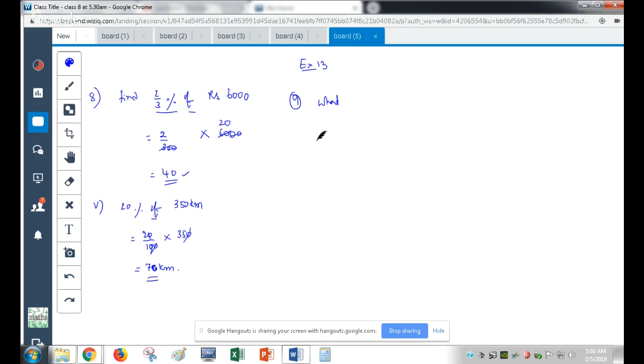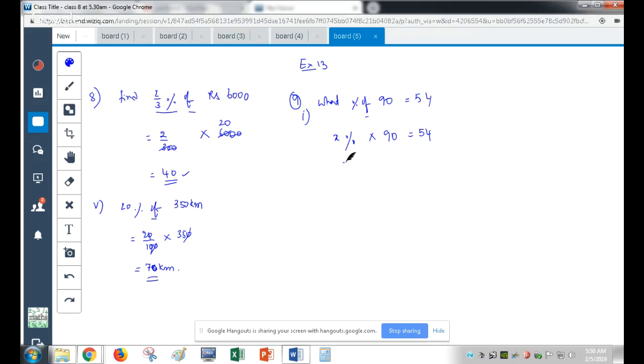Right. What percentage of 90 is 54. This is question number 9, first bit. What percentage? Let us say X percentage. "Of" means multiplication, into 90 is equal to 54.